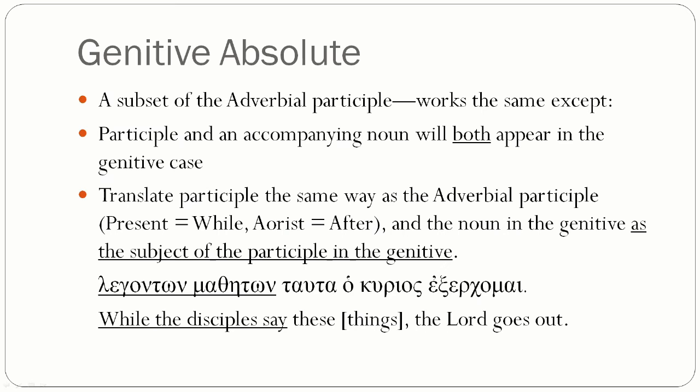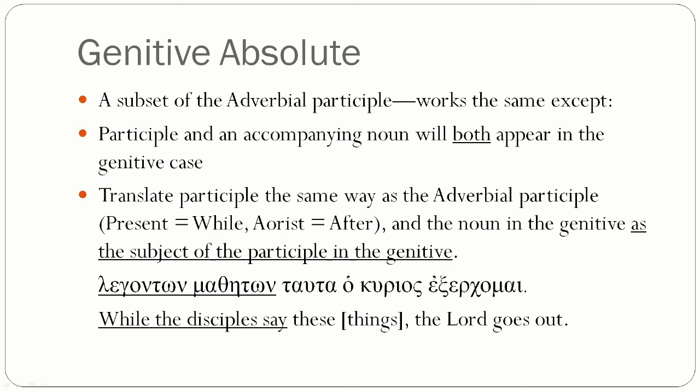So while saying, but then you have this matheton, and we're going to translate that noun as the subject of this participle. So while the disciples say. Notice, this is new: the adverbial participle would just be while saying. Here with the genitive absolute, we're going to translate that genitive matheton as the subject.